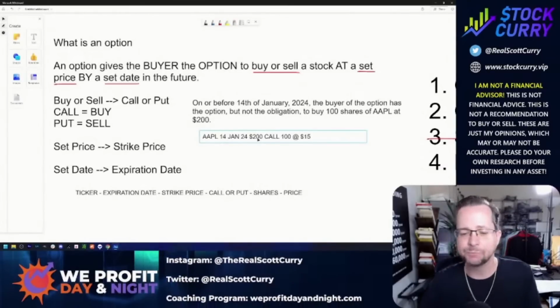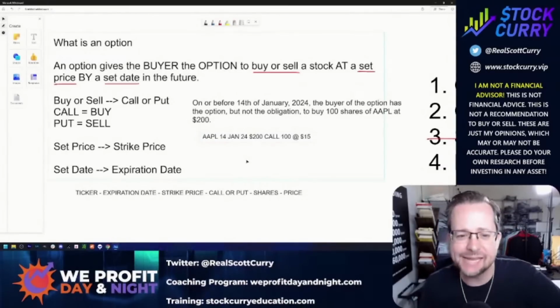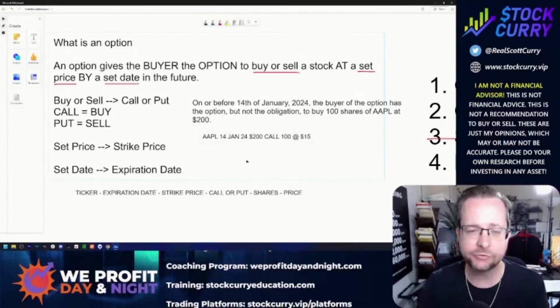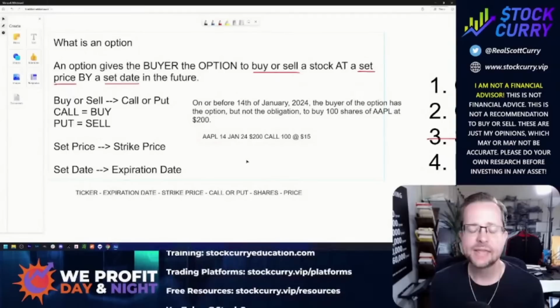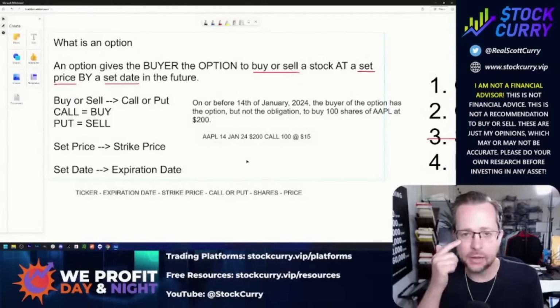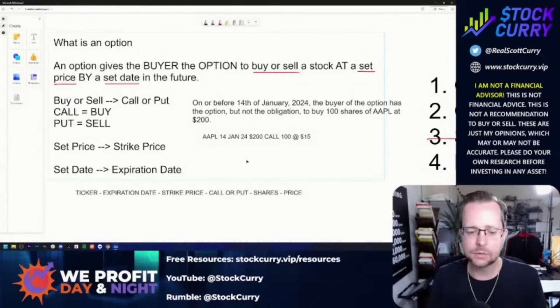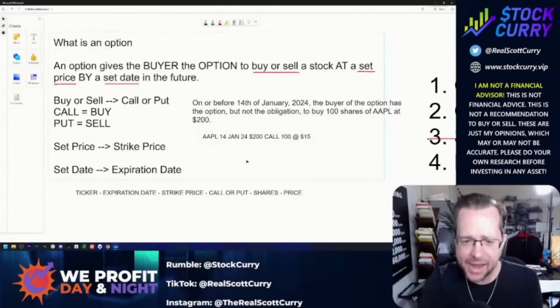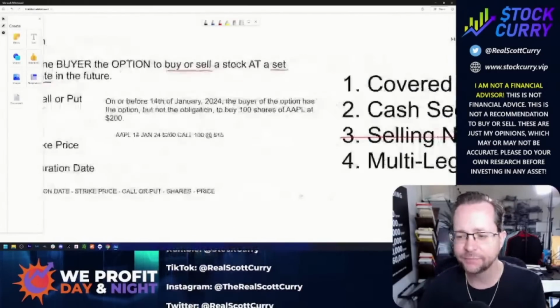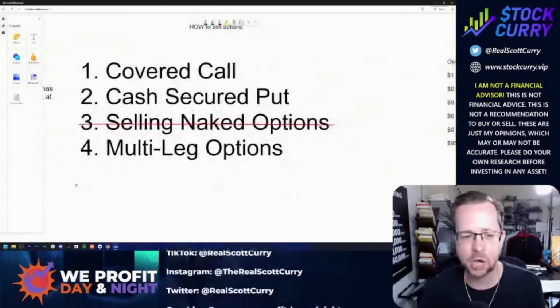Okay. Now, here's the question. Where do these shares come from? Well, obviously the seller of this contract has to have those shares available to give to the buyer. And guess what? That's why we call it a covered call.